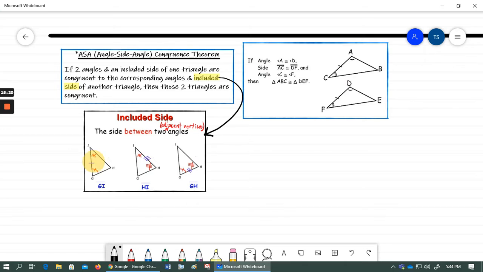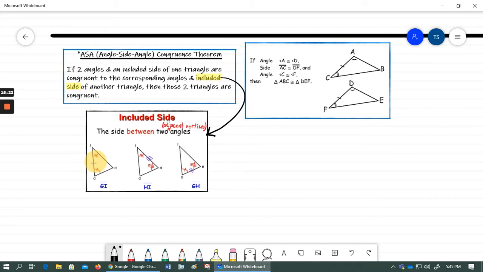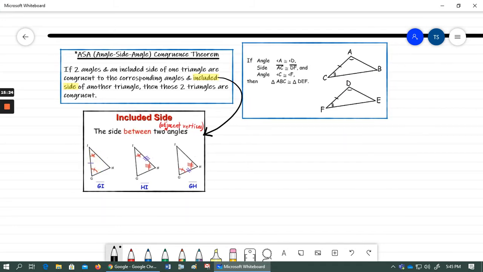As you can see here, they're showing you what the included sides look like for these three triangles. Okay, the side that is literally right in between two adjacent vertices.